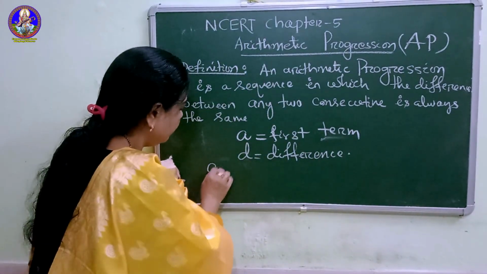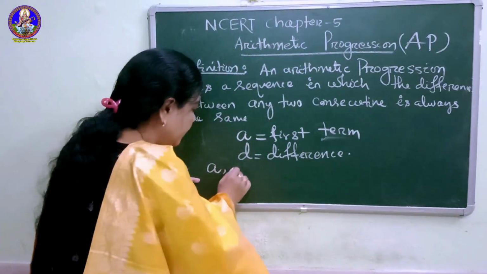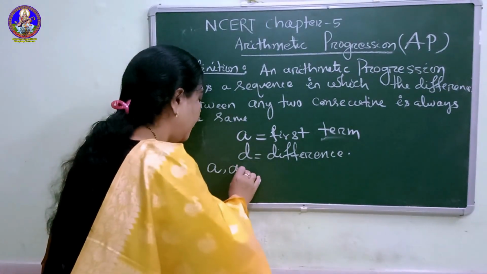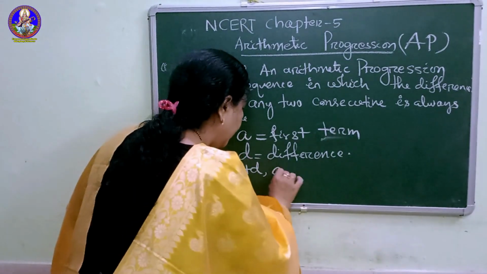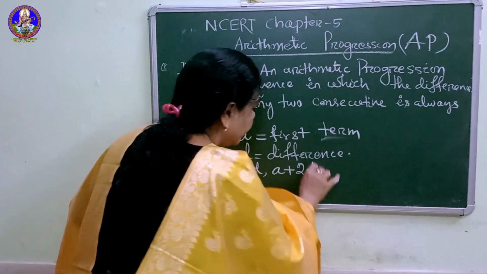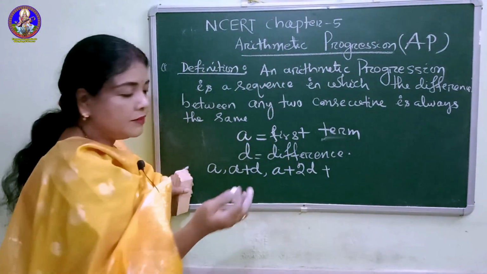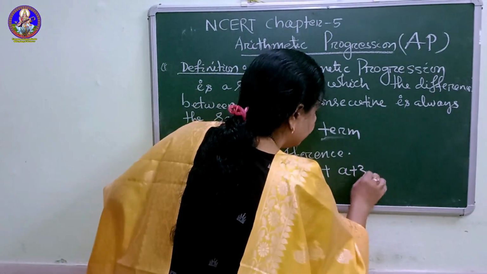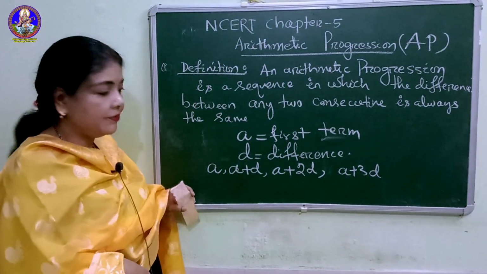Then my first number, obviously, will be A. Second term will be A plus D. Third term will be A plus 2D and so on. The next term will similarly be A plus 3D. D is the common difference.